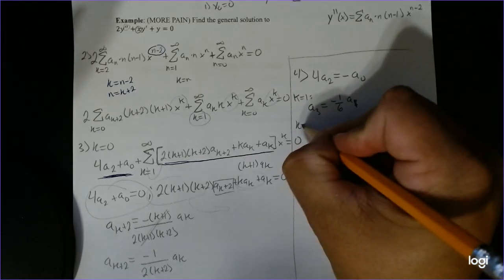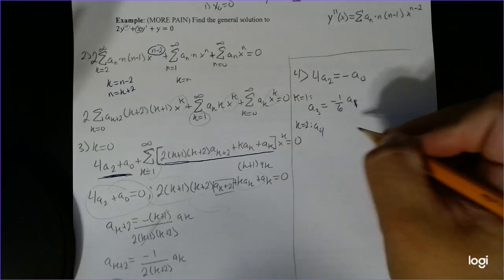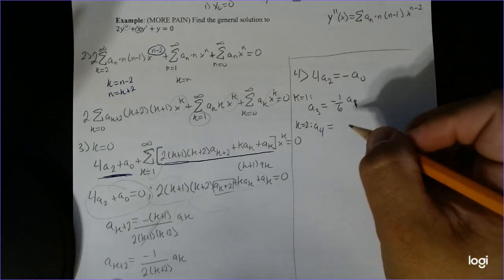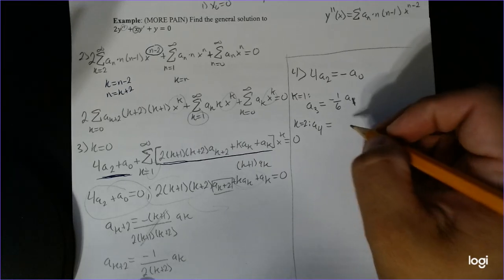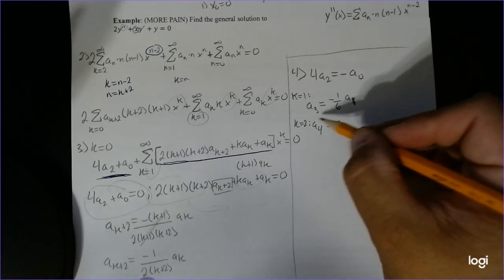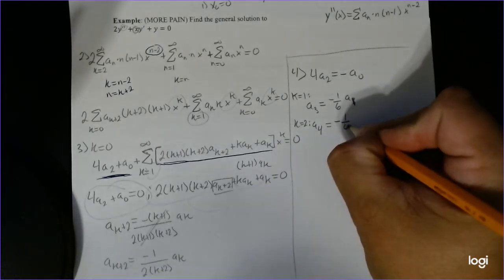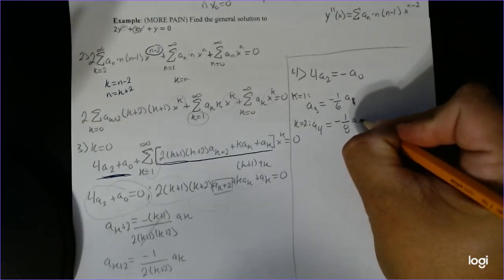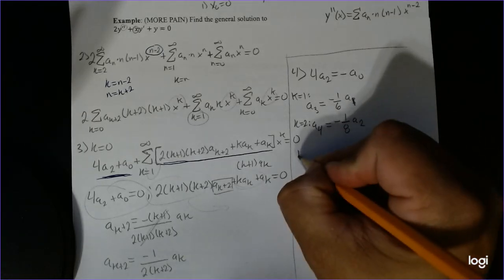K equals 2, this is 4, so 4 times 2 is 8, a2. Okay, we'll just do one more.